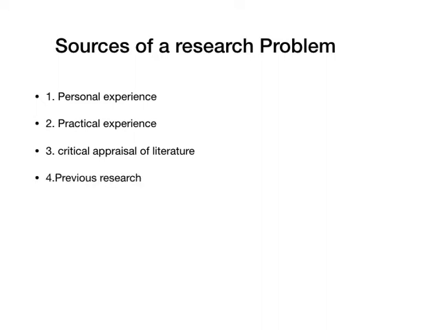And after this, we can talk about previous research. The fourth is previous research. Obviously, the studies that have taken place, the many scholars who have worked in their domains. You can study research papers, research articles, research books, and previous research can also give you an idea that there's a gap in a particular area.